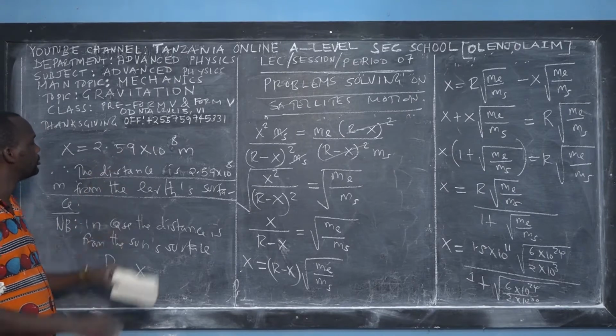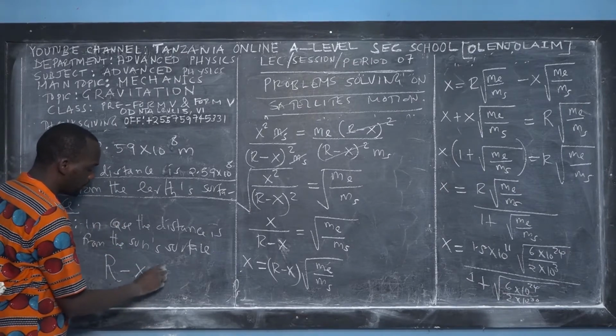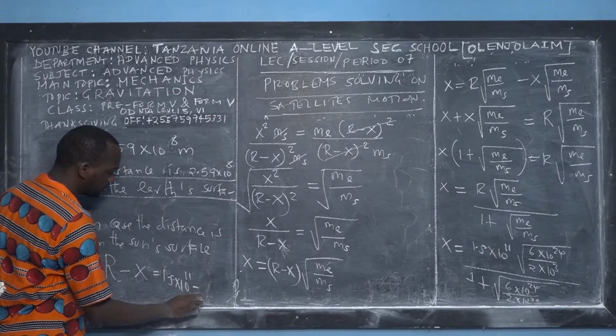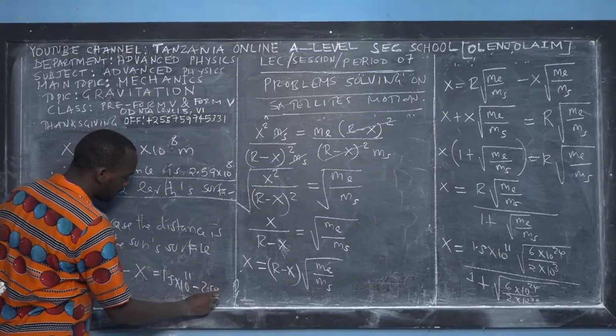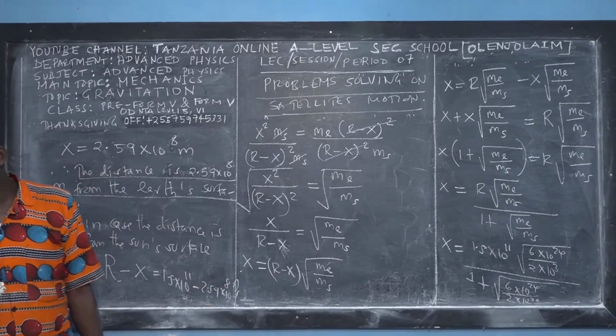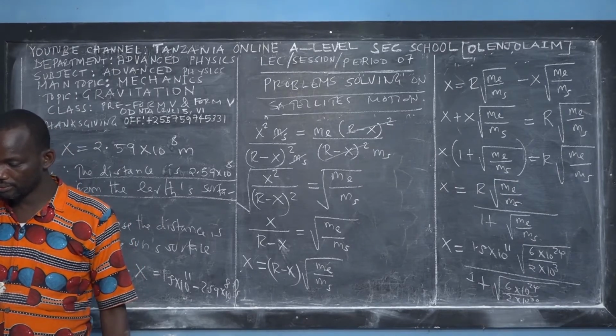The x is this one. So for that case, it will be 1.5 exponent 11 minus 2.59 exponent 8. Then we get the distance where the gravitational force is 0. Okay?